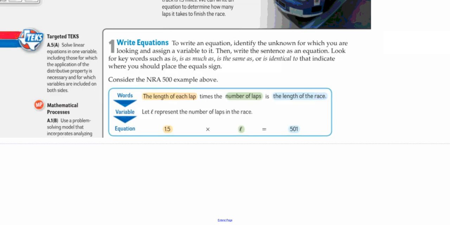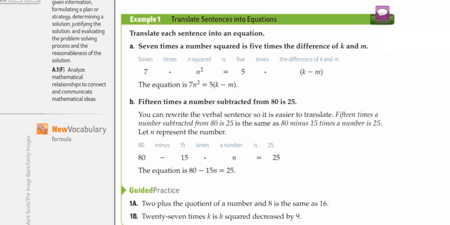So let's take a look at example 1a. 7 times the number squared is 5 times the difference of k and m. K and m are variables. So 7 times a number, you see 7 and the dot symbol for multiplication, n squared, or the square of n, turns into an equal sign, 5 times.